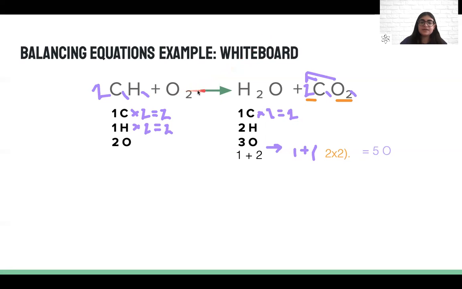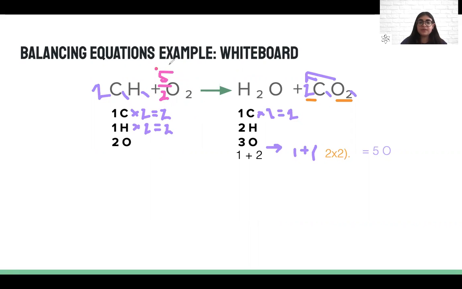We have this coefficient right here. So I'm actually just going to put as a coefficient 5 over 2. So what that basically means is if we have 5 halves of an oxygen and we multiply it by 2, then the 2 kind of cancels out this 2 that the 5 is being divided by, and that gives us 5 oxygens.